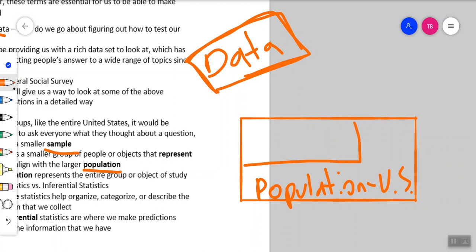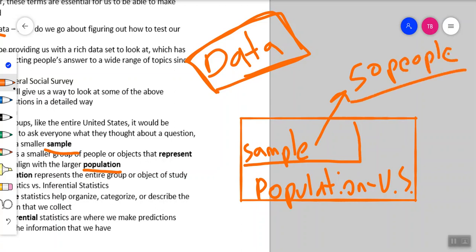Whereas the sample is the group of people that you actually ask the question. So if you were going to do a survey, you wouldn't be able to ask everybody in the United States who you're going to vote for. You might just ask a sample of maybe 50 people. So there's 50 people that you ask who you're going to vote for. That would be a sample. And that sample of 50 people is supposed to represent the entire population. So sample is always whatever group you're actually asking, and that sample is supposed to represent the overall group.